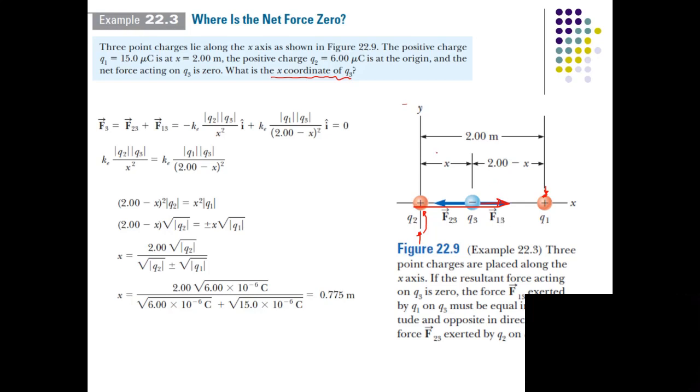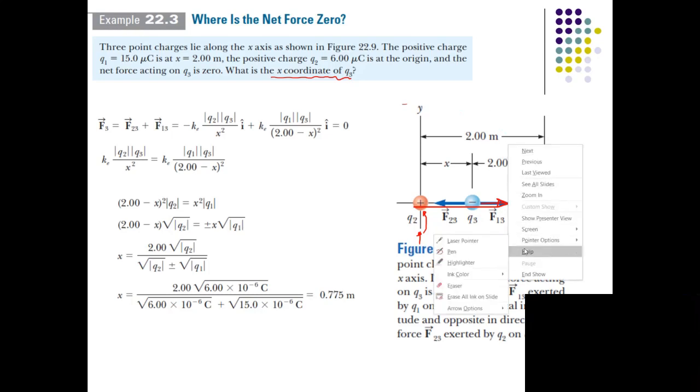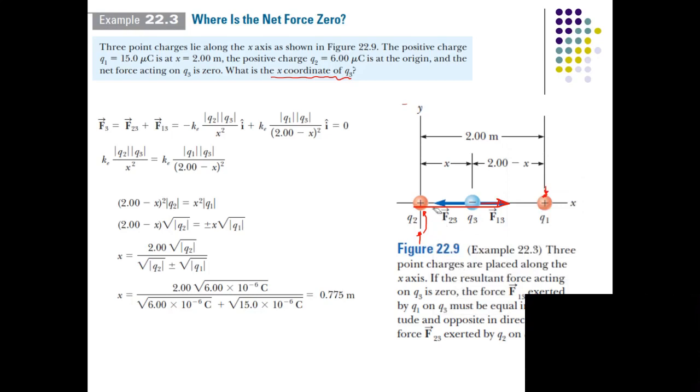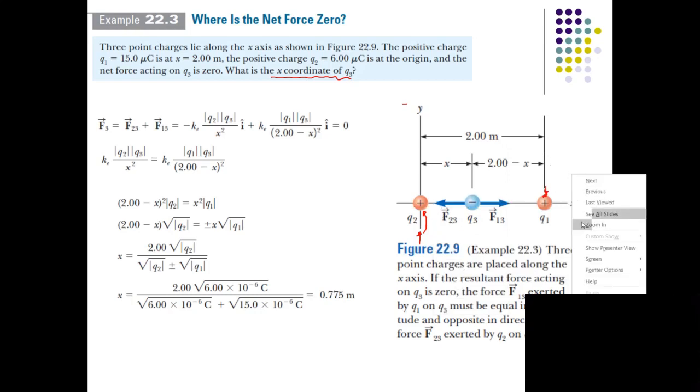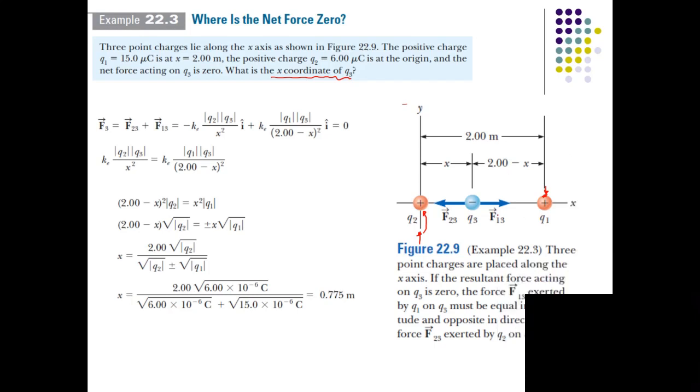Now again, pointer, pen. Okay. So this is the force, and it's F13. What about Q2?